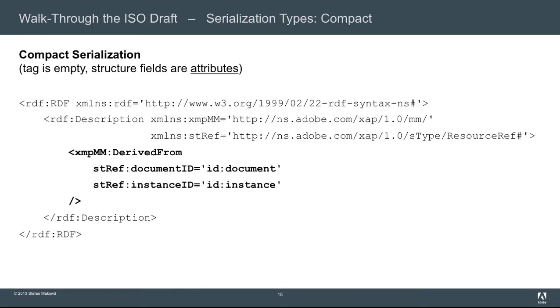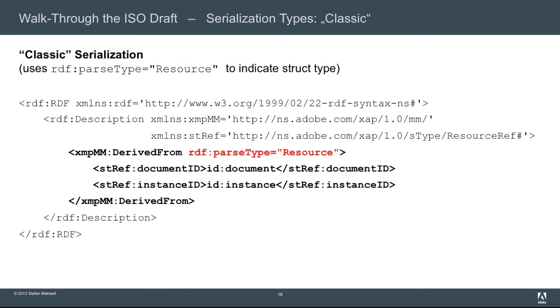The next one I called classic, because that's what Adobe used most of the time. There the structure fields are child properties, and the struct itself has a resource qualifier that tells the parser that it has child properties.